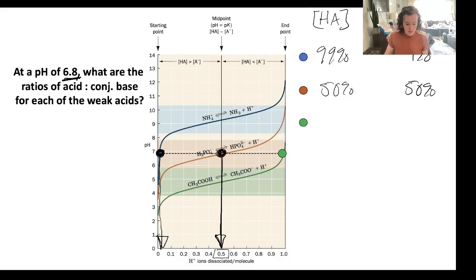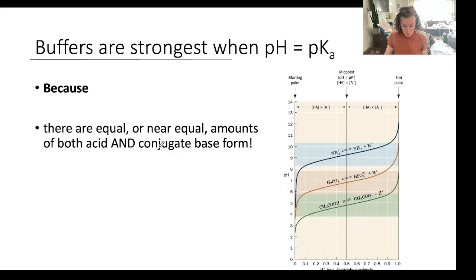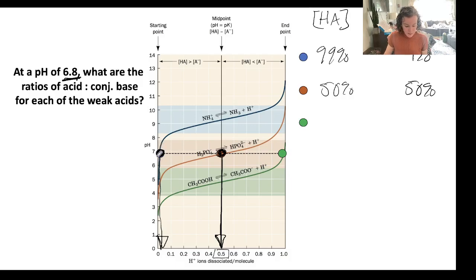Now if we finish up here, and we take the pH of 6.8 all the way down now to our last curve. This is acetic acid, and we drop it down to the x-axis. It's kind of the reverse story. Almost all has dissociated.